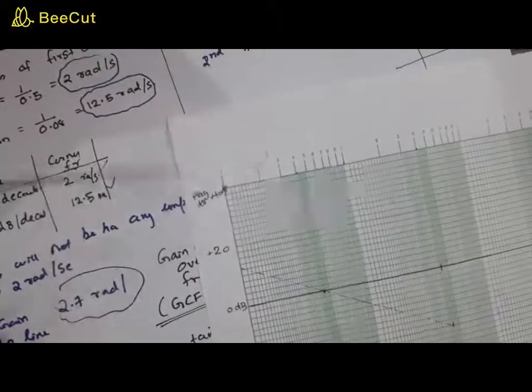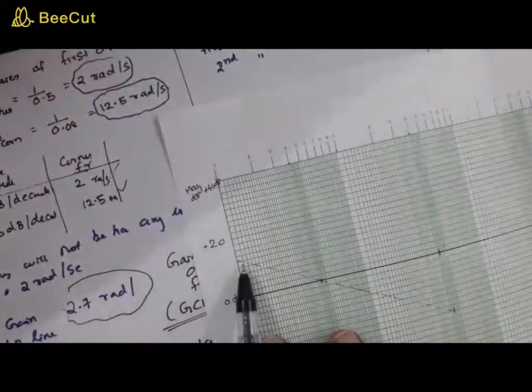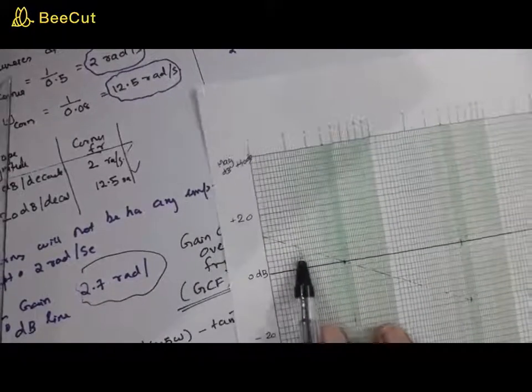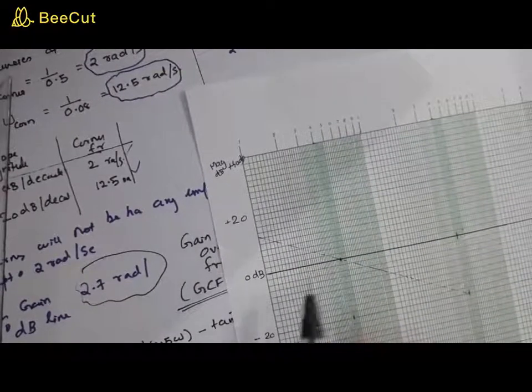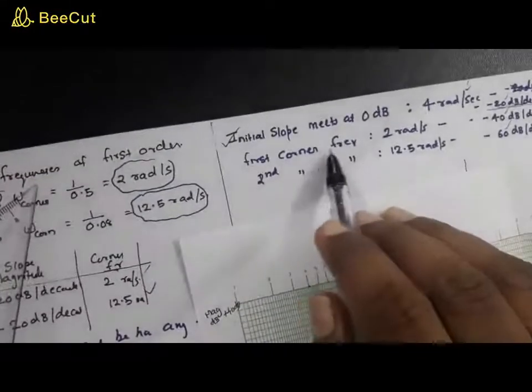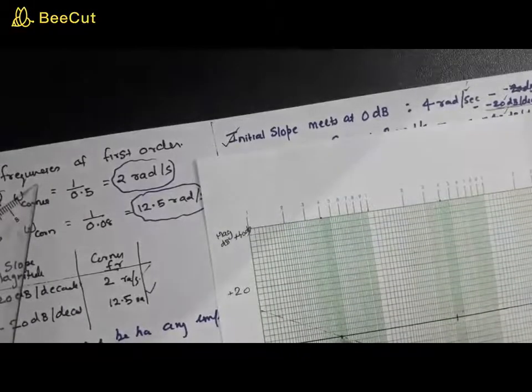Now the question is, in the actual magnitude plot, will this initial slope of minus 20 dB hold even at 4 radians? The answer is no, because the first corner frequency comes into play at 2 radians per second, which is less than 4 radians.